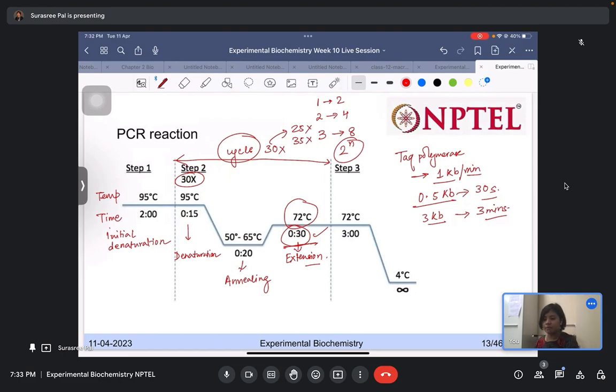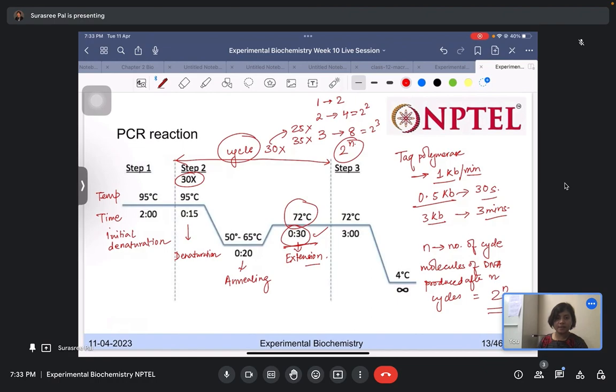So if n is the number of cycles, the molecules of DNA produced after n cycles will be equal to 2 to the power n. Right? So it is basically an exponential amplification.